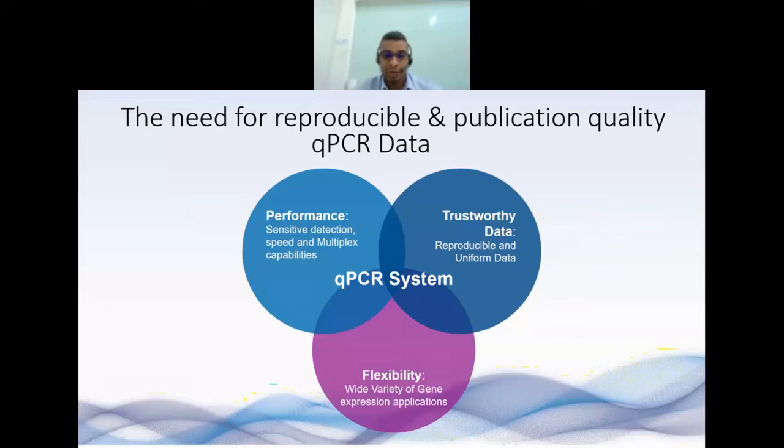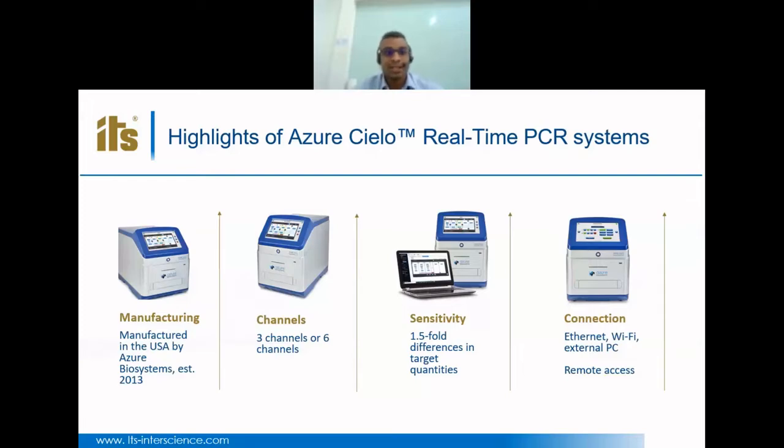You should be able to run whichever application you want. You should be able to run however many assays that you want. So in that sense, it has to be flexible. When you are making the decision to purchase a qPCR system, keep all these points in mind and then make an informed decision.